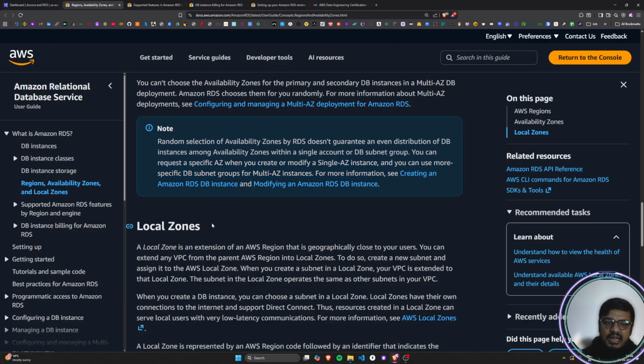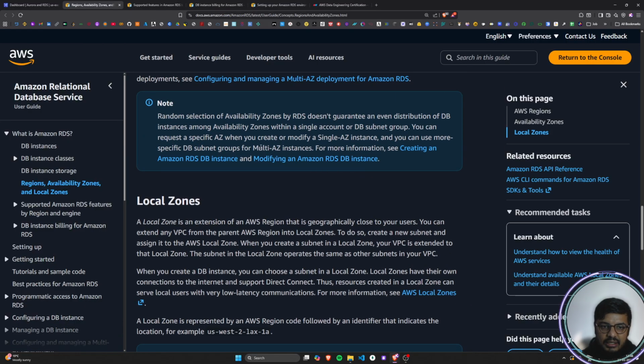So again, if we are randomly selecting our availability zones, that will not guarantee that our database instances or the requests on our database instances are evenly distributed, right? In that particular case, in one single availability zone or even in the database subnet group, we can request a specific availability zone when we create or modify a single availability zone instance.